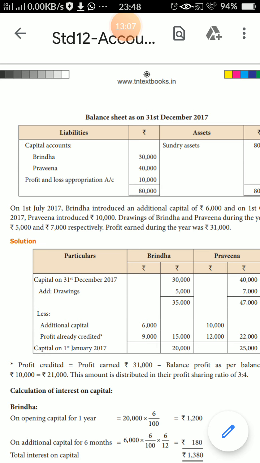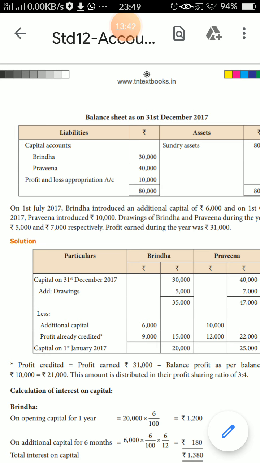Earned profit is 31,000, credited profit is 10,000. 31,000 minus 10,000 equals 21,000. Note it down.